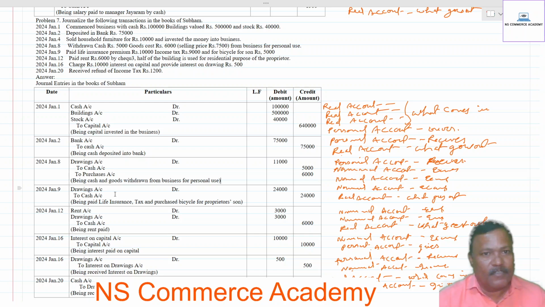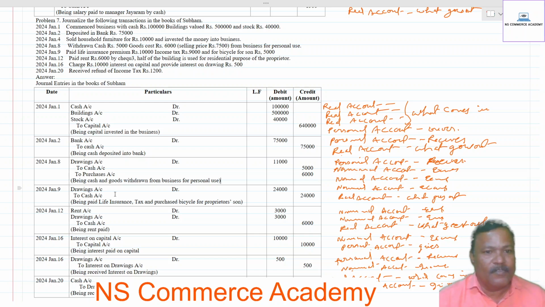Okay. Next, January 12th, 2024, paid rent 6,000 by cheque. Half of the building is used for residential purpose of the proprietor. So here the rent is paid, it is an expense, and half of the building is used for the proprietor's residential purpose.